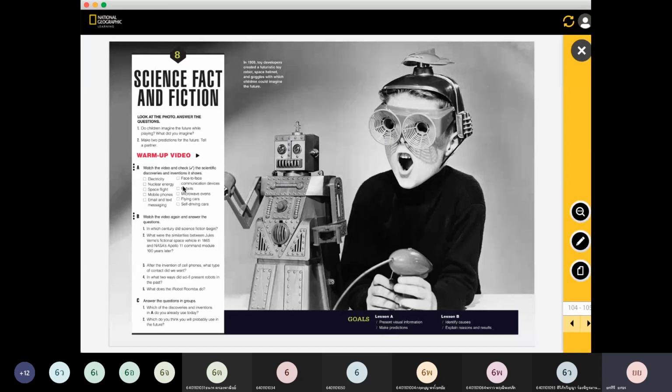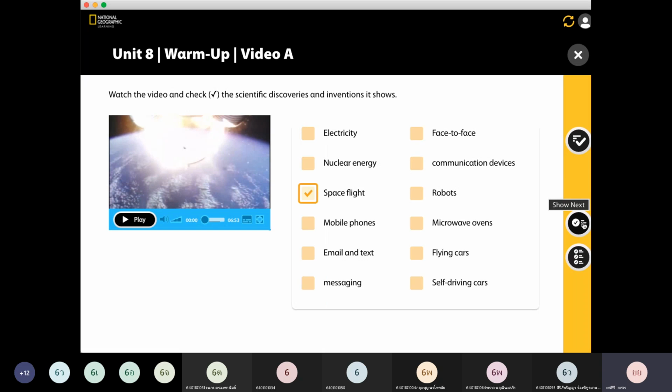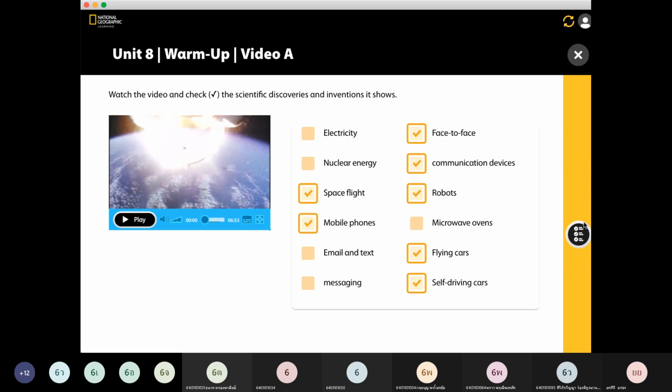So as you can see, there are also self-driving cars. That's the science fiction and science discoveries that they have here. They have influences: we use mobile phones, we use communication devices, and we see all the robots that we use.